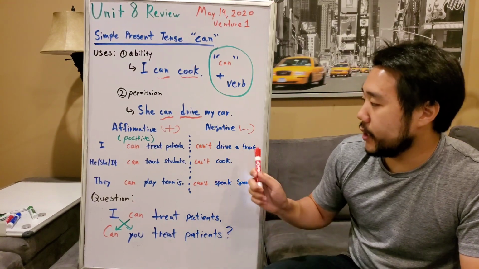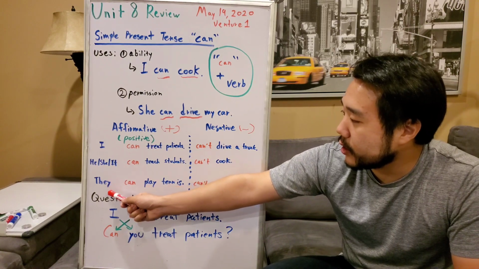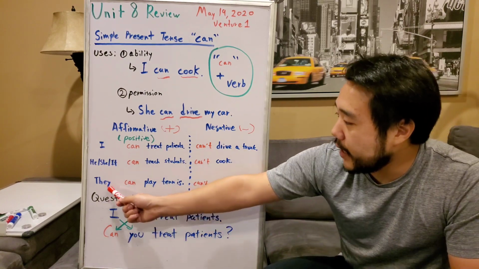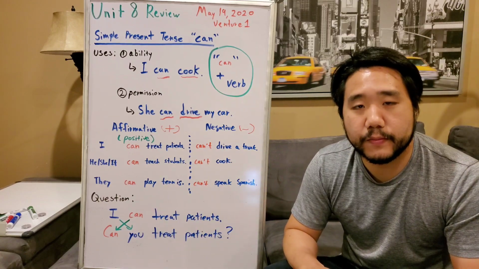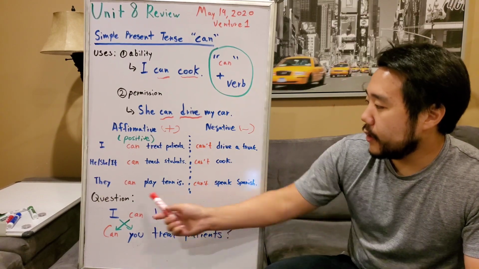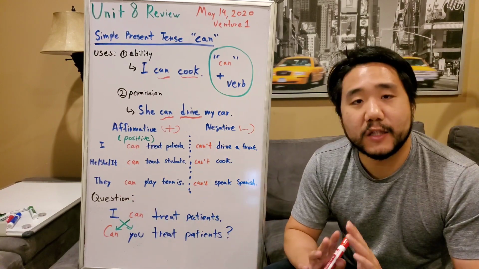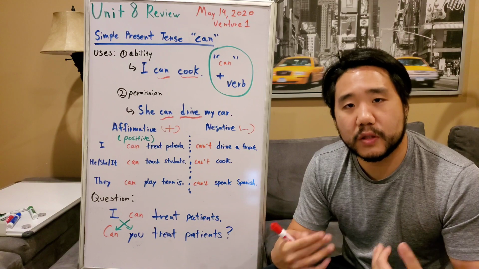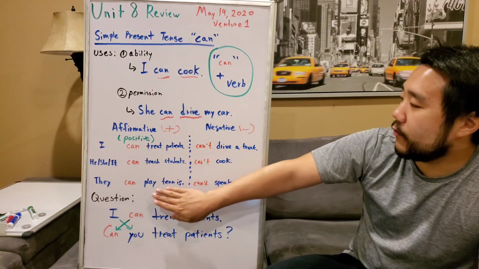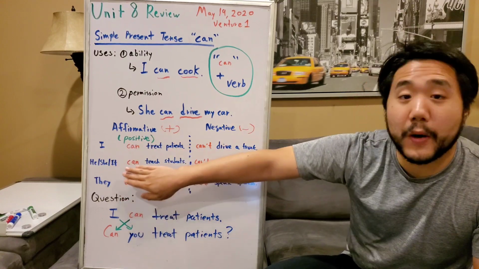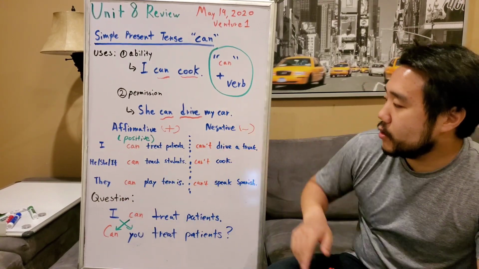And last one, we have the plural subject, they. They can play tennis. They have the ability to play tennis. They can't speak Spanish. They don't have the ability to speak Spanish. So these are the examples for the affirmative statements, which are positive, and these are the negative statements.